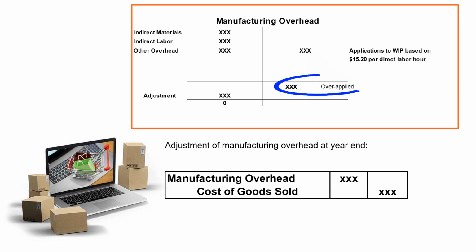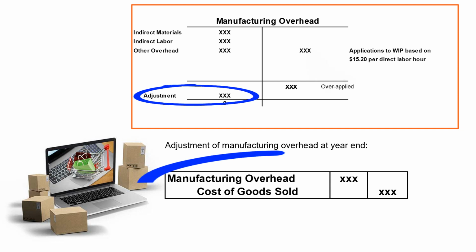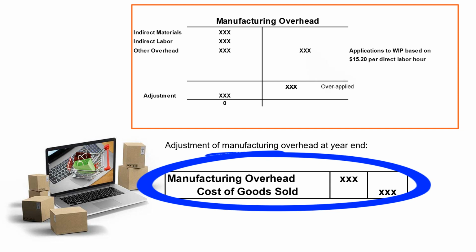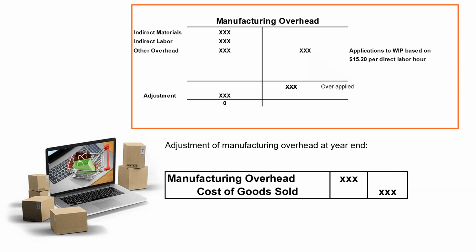If we've over-applied, putting more manufacturing overhead costs into work in process, and as a result into the work in process that's been completed, which is finished goods, and most of those finished goods have been sold, then in order to adjust this account, we're going to have to debit manufacturing overhead and theoretically credit cost of goods sold to clean this account out and to adjust for the fact that we had put too much cost into the cost of our inventory.